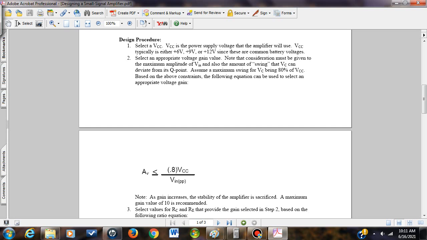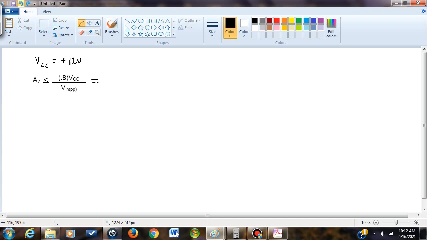Note that as gain increases, the stability of the amplifier is sacrificed. A maximum gain value of 10 is recommended. Let's select a Vin value, peak to peak, that will be no greater than 0.1 volts.